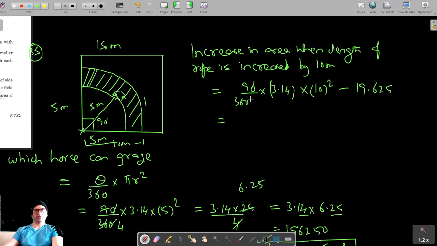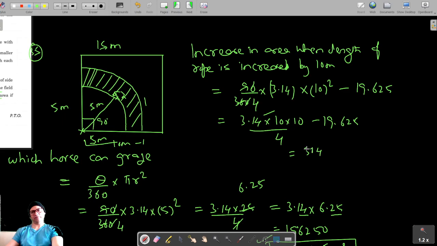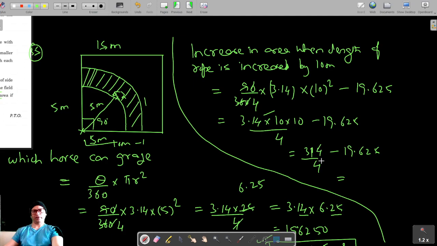So this is 4, and 3.14 into 10 into 10 by 4, which is 314 by 4 minus 19.625.